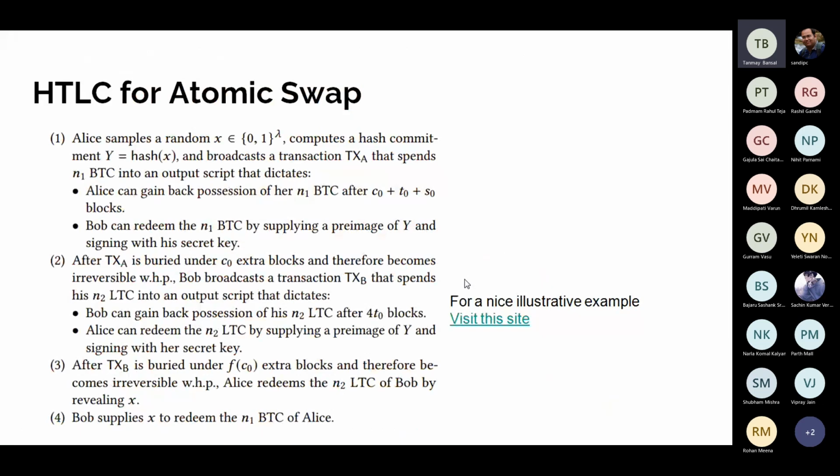So tomorrow we'll start this topic, how this HTLC can be used for atomic swap. First we'll talk about this atomic swap between two parties, and then we'll extend it to three parties. So that is our next topic.